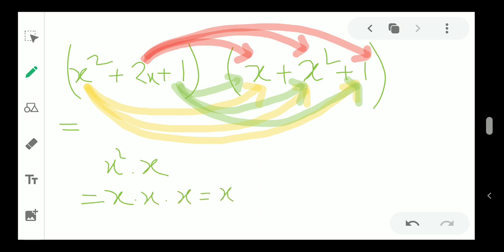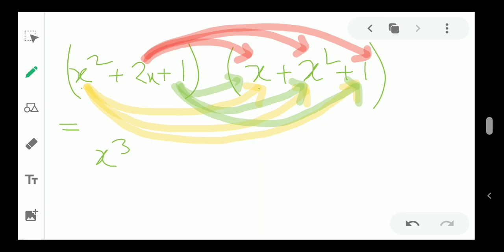So ultimately it will become x cube. Whenever x square is multiplied with x, you will get x cube. So the first term will be x cube.